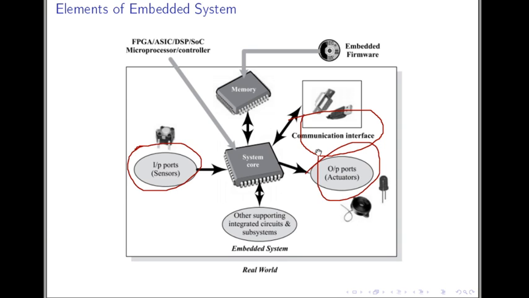Actuator examples can be an alarm or relay, while there are various sensors like lidar or photodiode. Additionally, we can add other interfacing devices to make it more powerful.